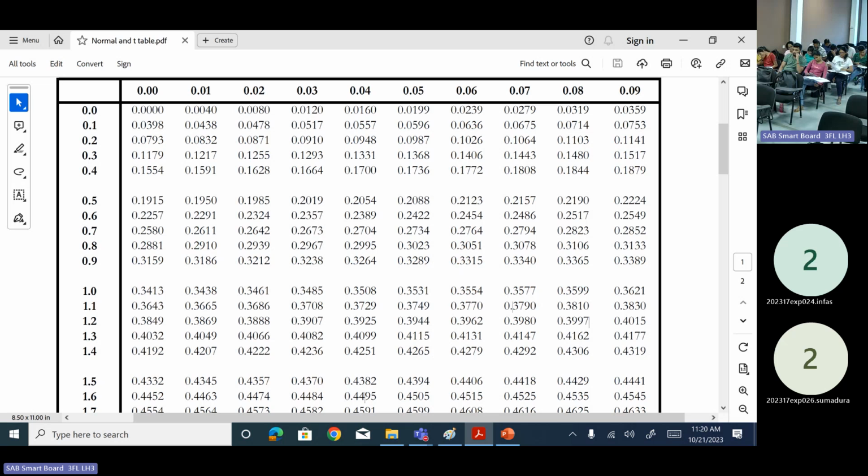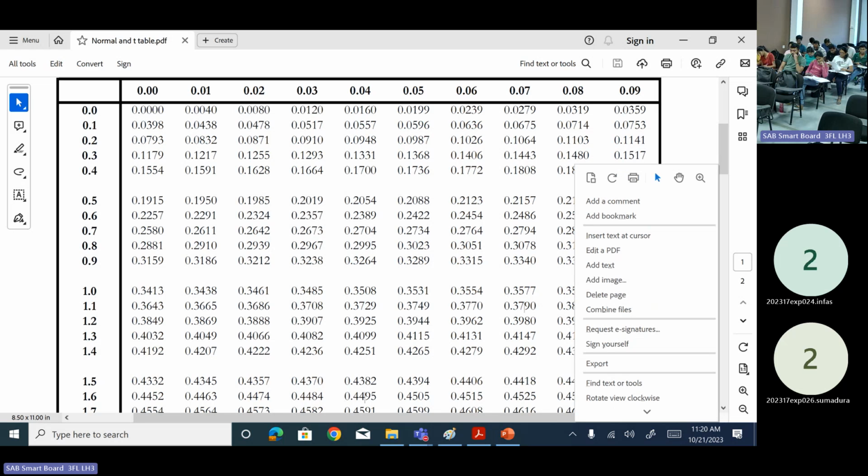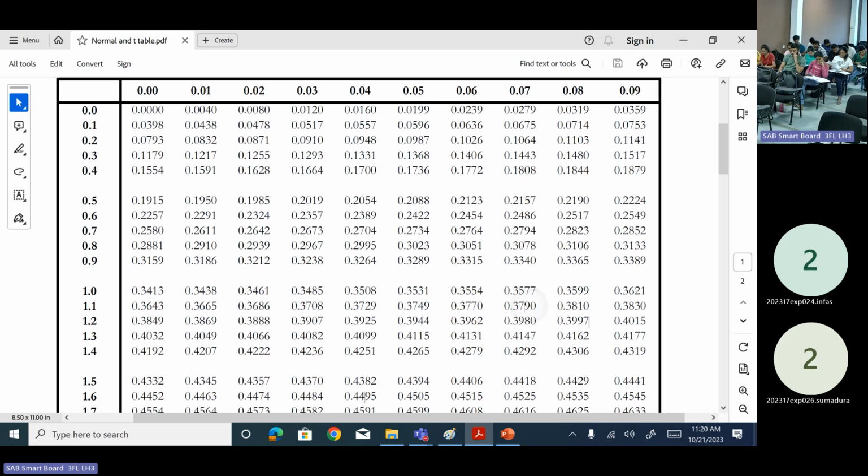Both are at the same distance, so like the earlier case, you take the average. This one is 1.17 and this is 1.18, so you take the average of those two values.